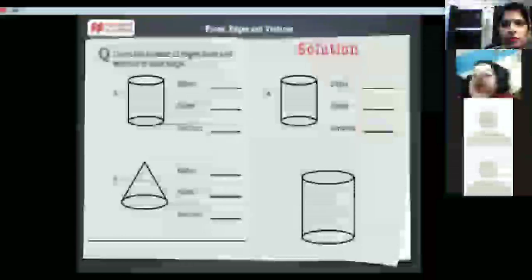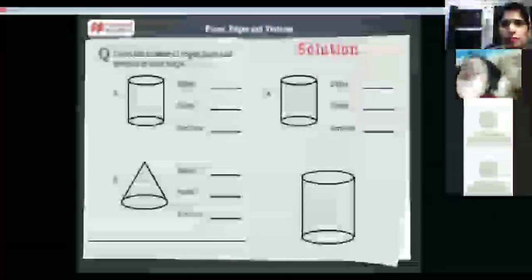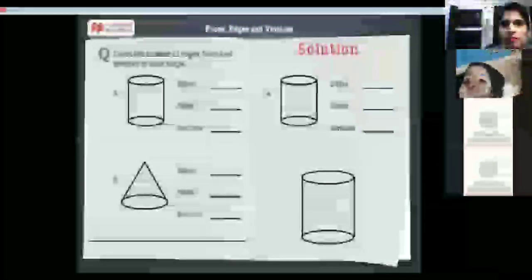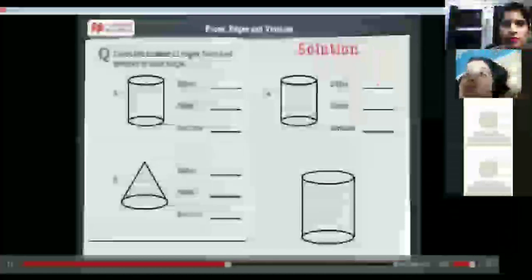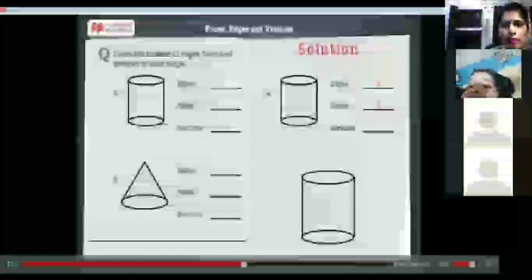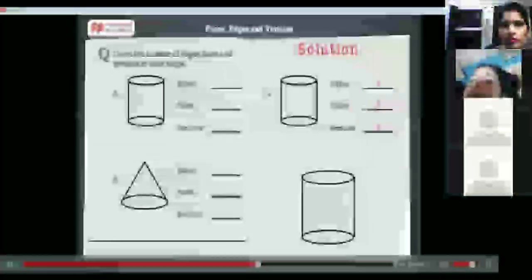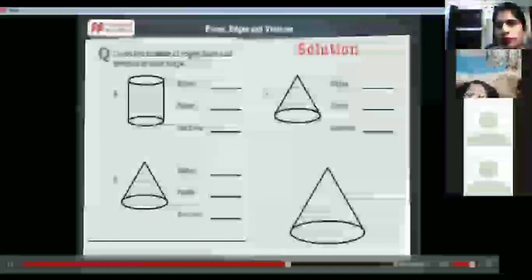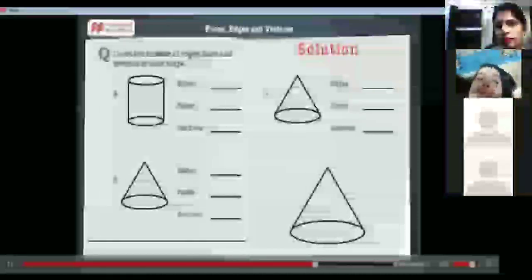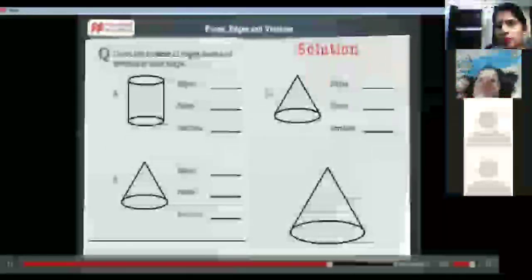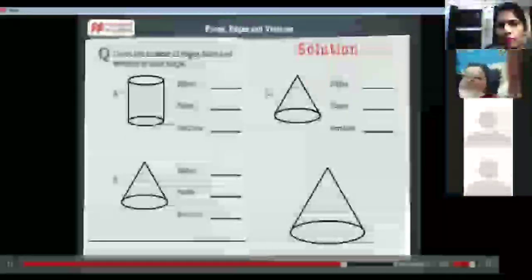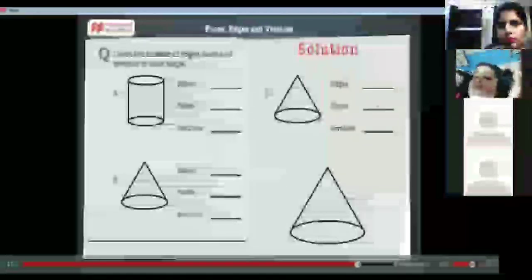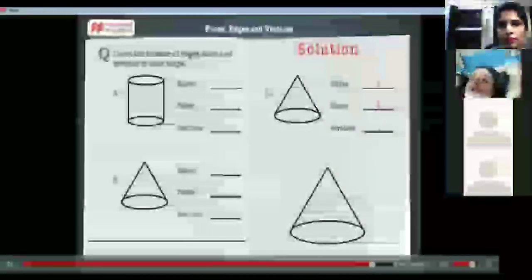Thus it has 3 faces, 2 edges, and no vertex. Hence it has 2 edges, 3 faces, and 0 vertices. Let's solve the final problem. This is a cone shape with a flat circular base that rises to a point. It has 2 faces, 1 edge, and 1 vertex. Hence it has 1 edge, 2 faces, and 1 vertex.